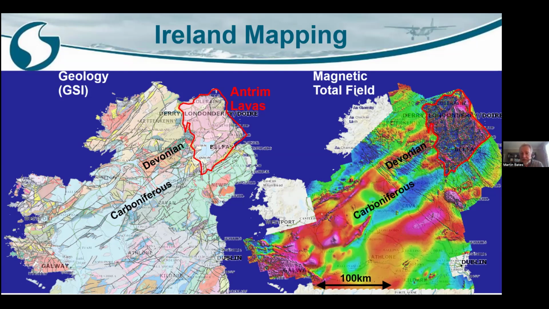But there's even variations within there. And there are other things going on. There are dikes running through which you can see having a magnetic response that comes in from beneath the lavas, and they come out into the area where the lavas either didn't occur or have been eroded.